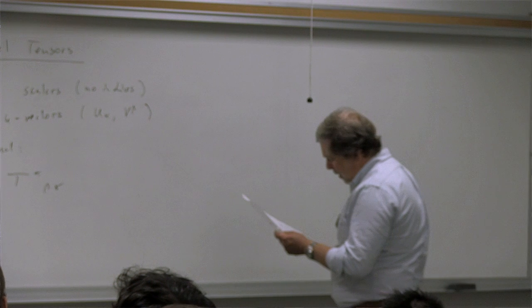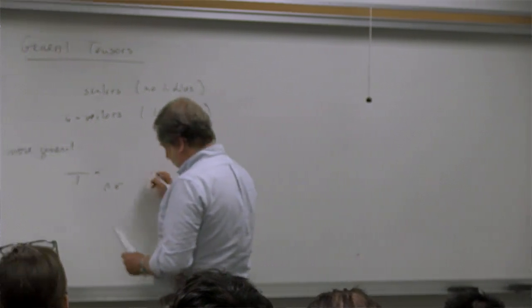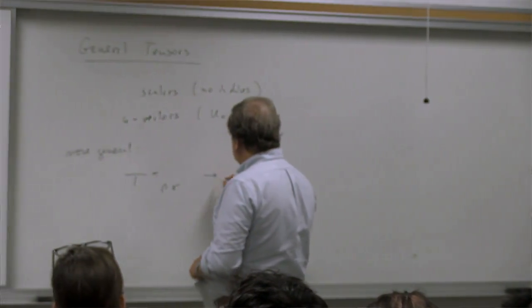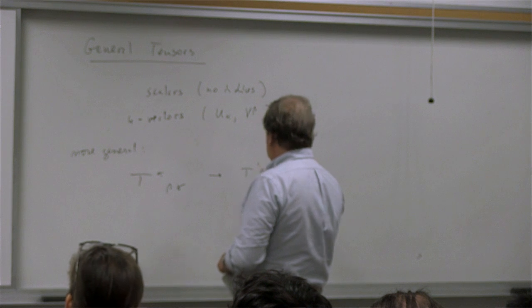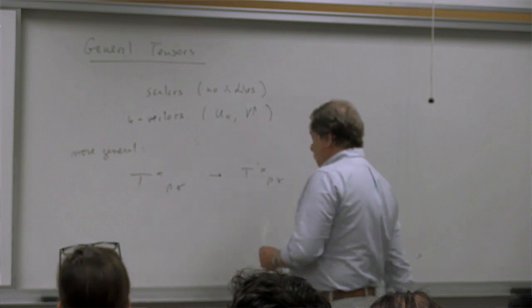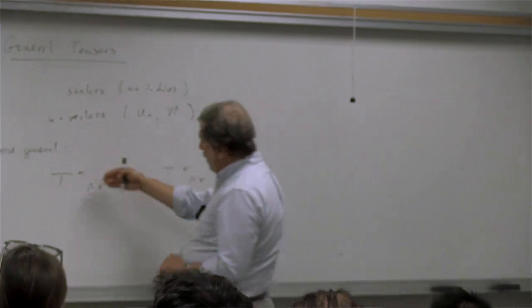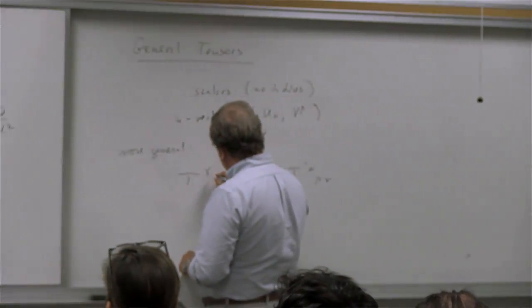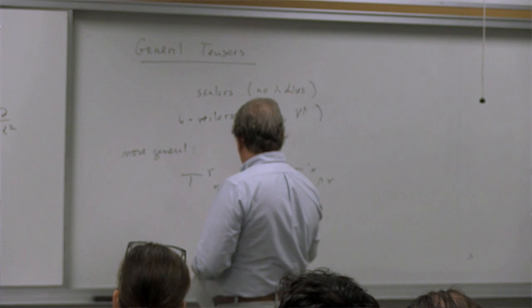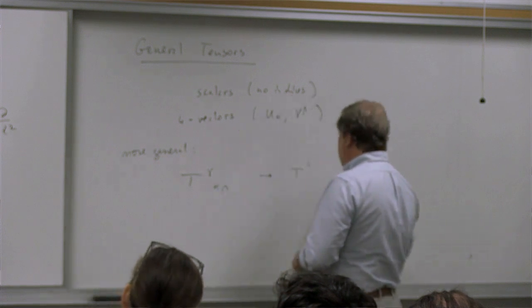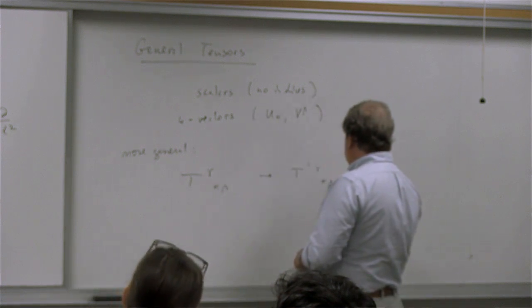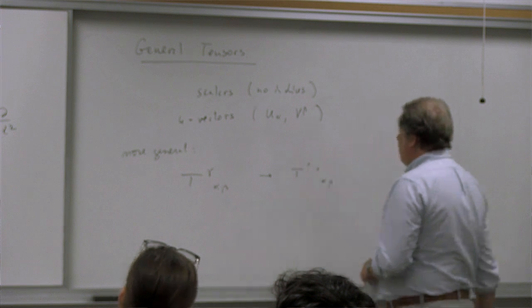and this will transform, and let me put the index for clarity. Let me put this index upstairs here as a gamma and this as an alpha and beta. So let me write it as T gamma alpha beta with the prime.